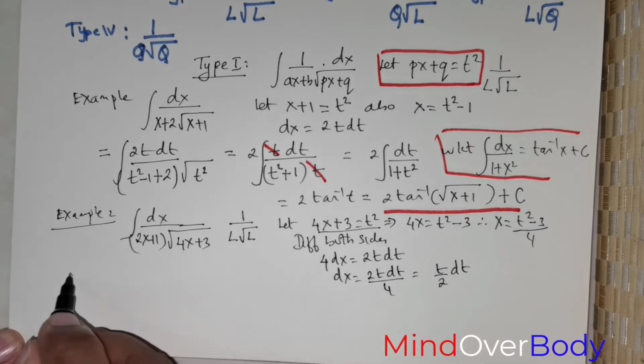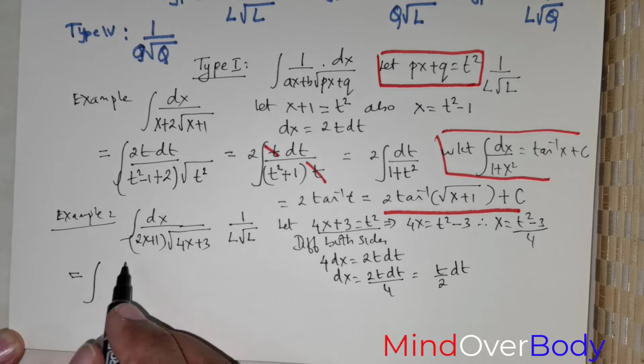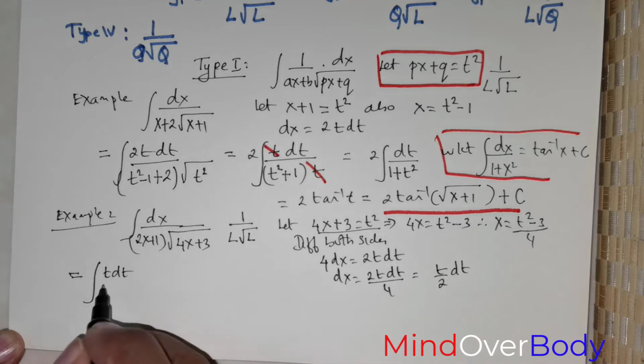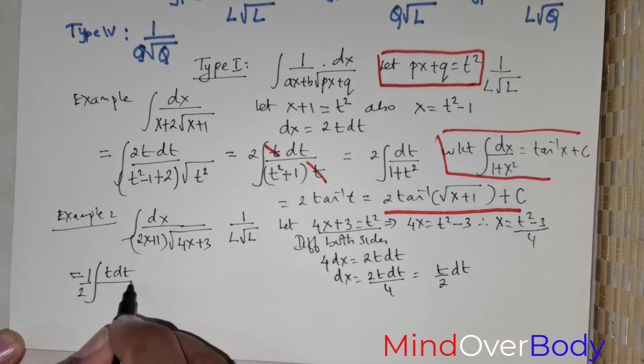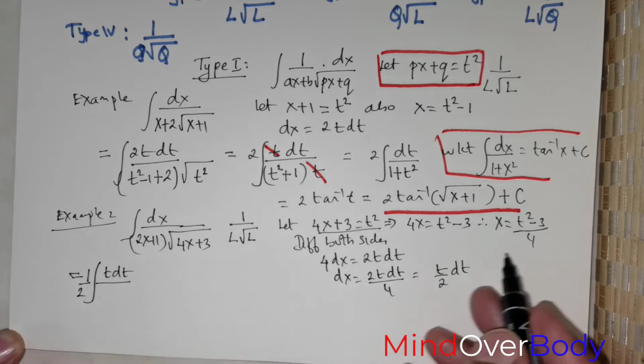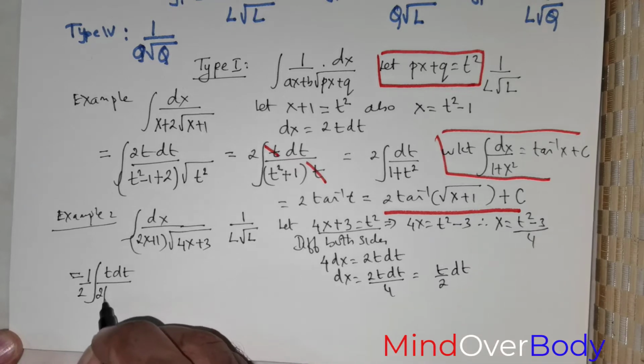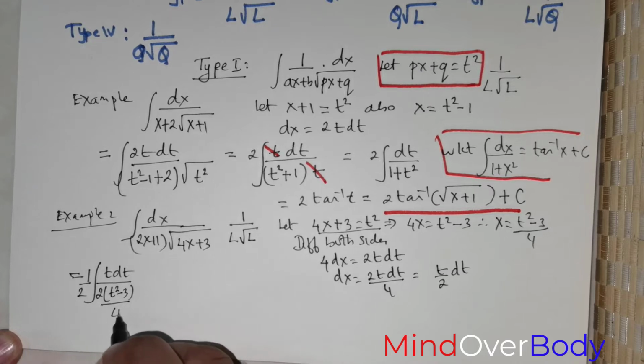So the original question can be rewritten as, in place of dx, it's going to be t dt. Of course there is a 2 there, I'm going to place the 2 here, over 2 times x. My x is t squared negative 3 divided by 4, so it's going to be 2 times of t squared negative 3 divided by 4.